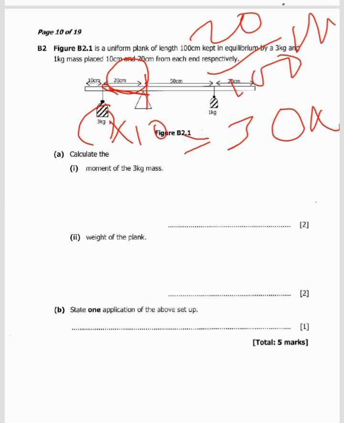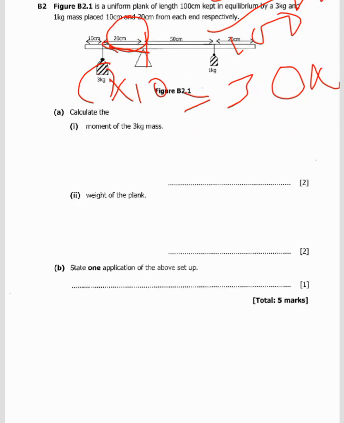So if x meters is equivalent to 20 centimeters, when you do the arithmetic, 20 divided by 100, you're going to have 0.2.